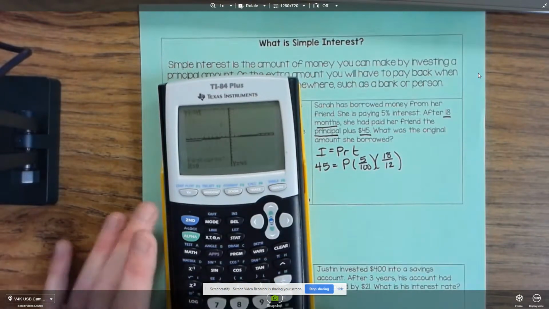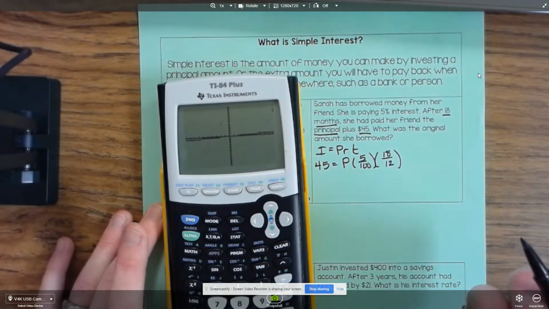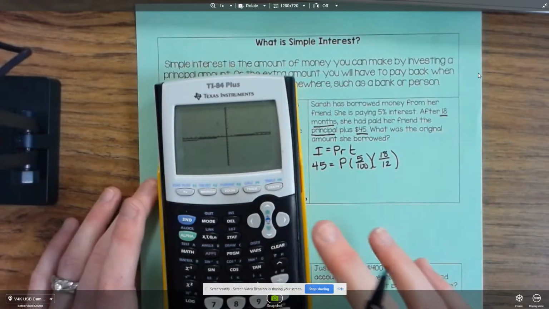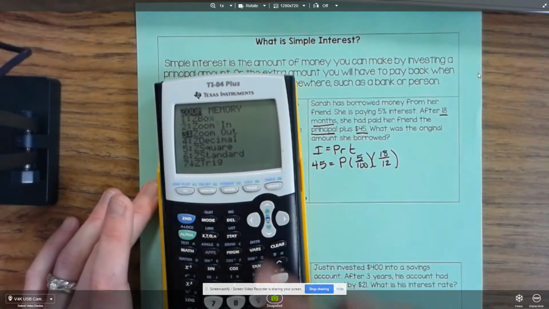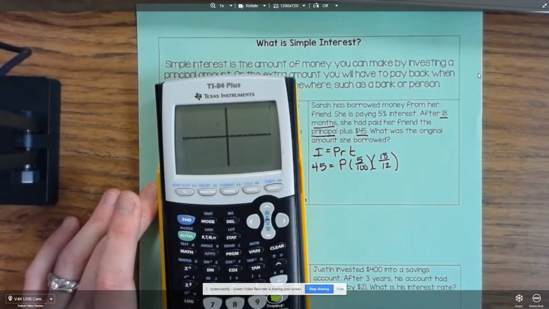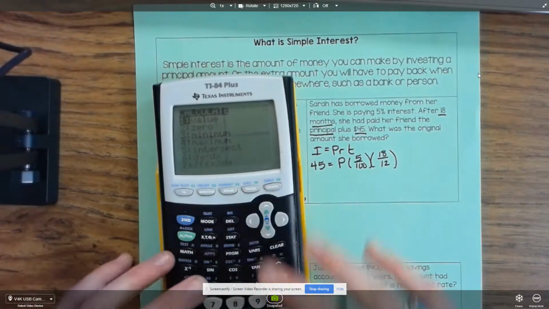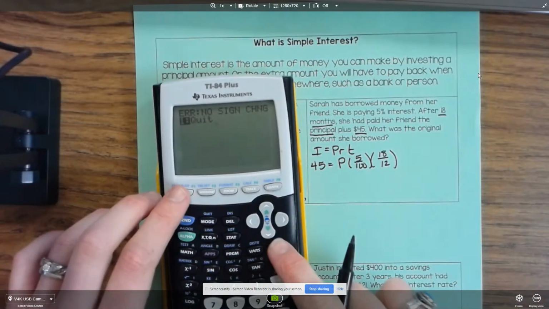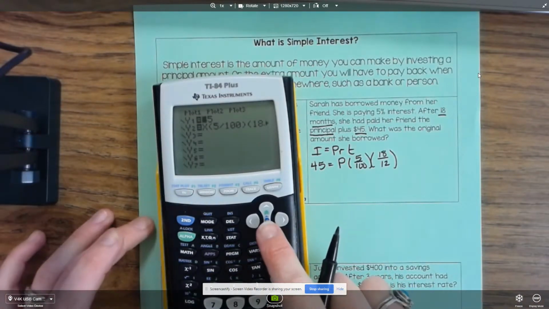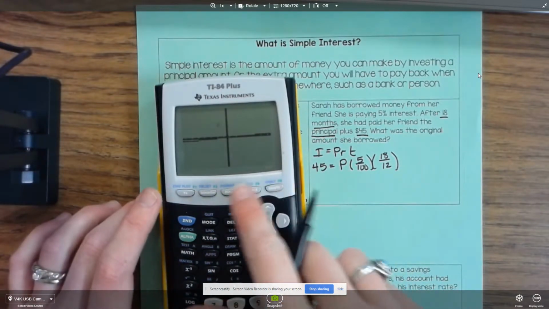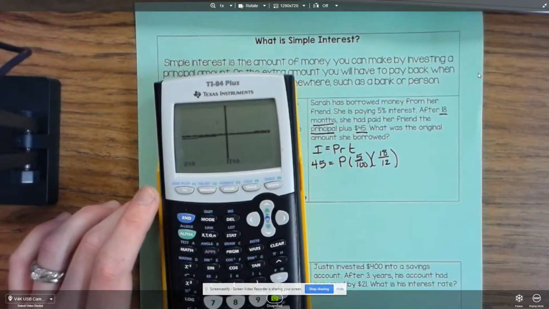And then, oh, I didn't zoom out enough. Let's graph it again. All right, so zoom out. Remember, you've got to see where the lines cross. All right, let's look at the equation. I'll zoom out one more time.